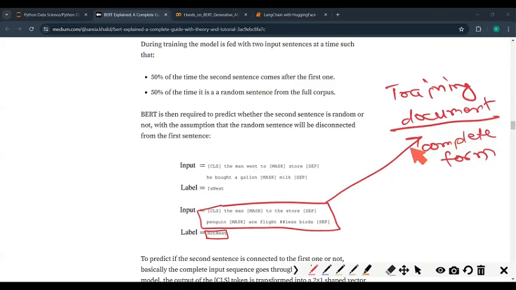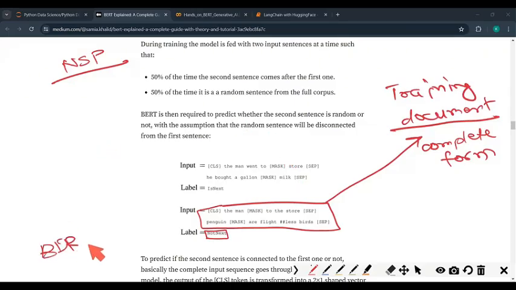Now from the training document, these two statements were taken randomly by NSP, next sentence prediction, which is a tool. It goes to the training document and picks up two statements randomly. So either they are together or they are very different statements from a document, right? I take that and then show it to my BERT.